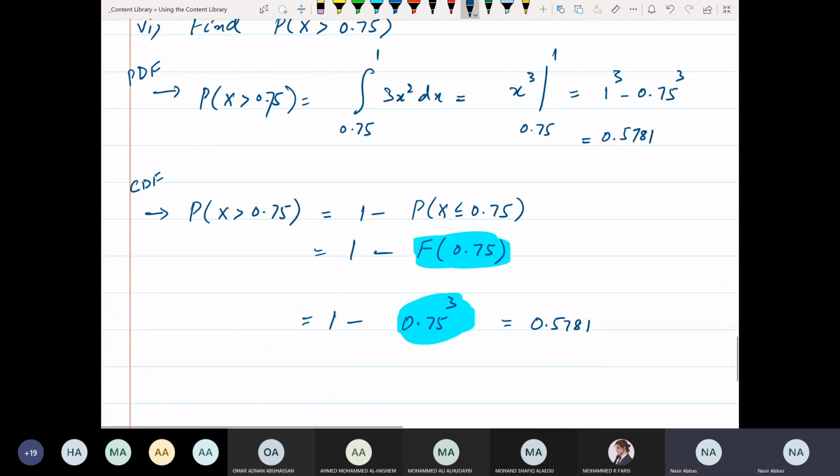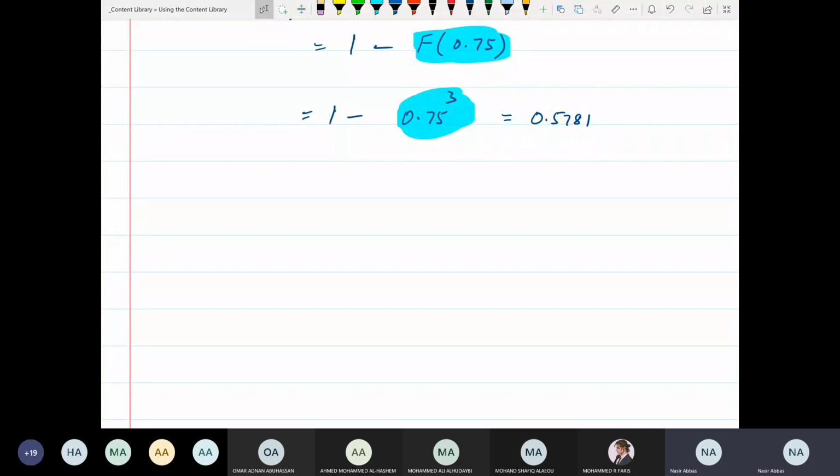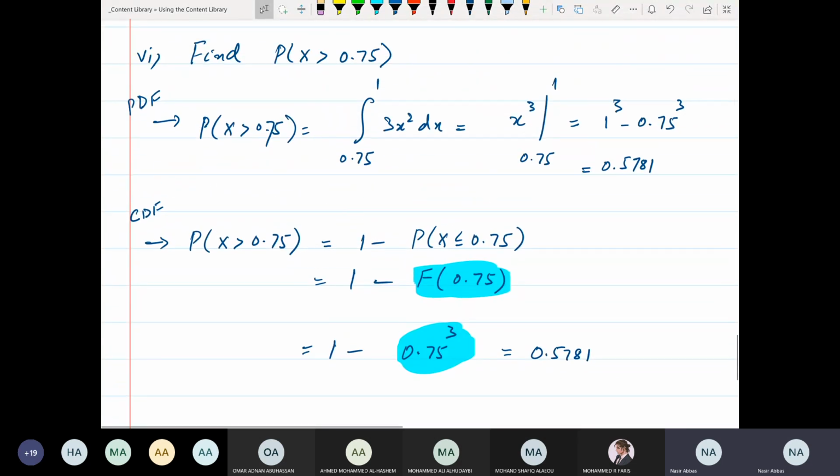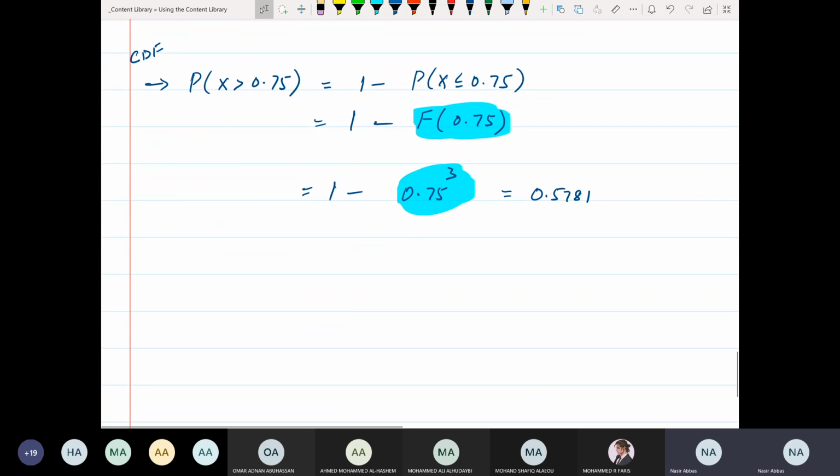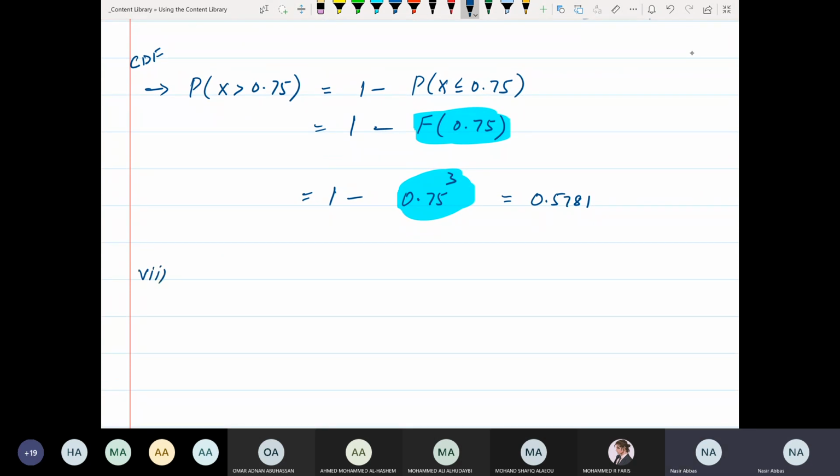Let's talk about in-between probability. What if I'm interested in in-between probability? Part 7. What if I'm interested in finding the probability of x between 0.5 and 0.75?